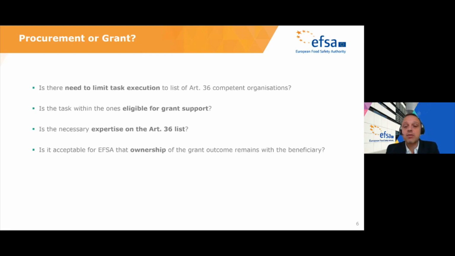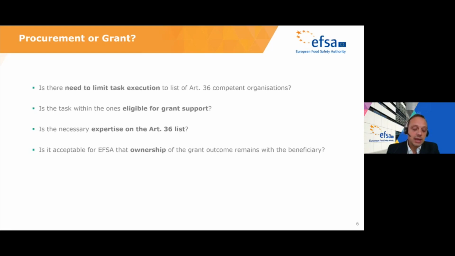And finally, another consideration that we always make is whether it's acceptable for EFSA that the ownership of the project outcome remains with the beneficiary. We've seen in the previous slides that under grant rules, the ownership of the results is the property of the beneficiary, the applicant.